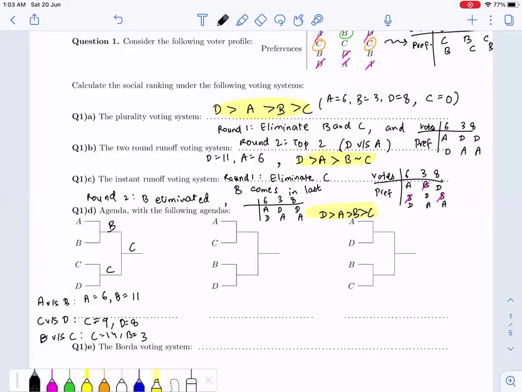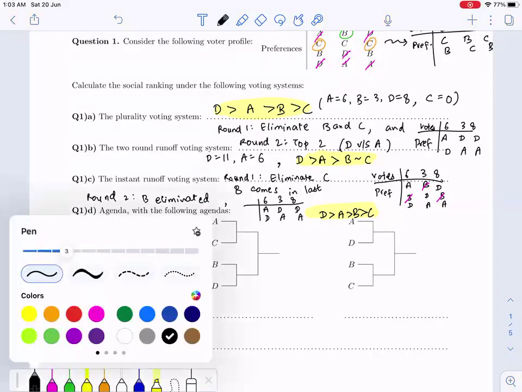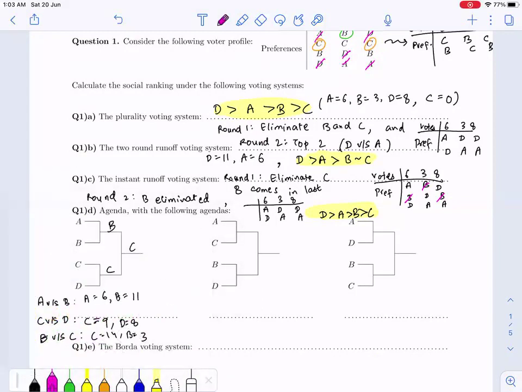And the ranking would now be, under this agenda, B versus C, C won the final round. So C gets first place. B was also in the final round, so it comes in second place.